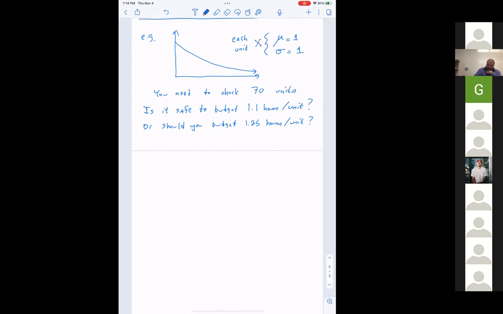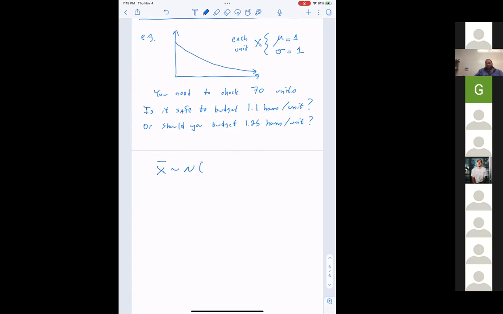Each unit, X, is exponential. There's 70 units, isn't there? Yeah, and therefore you have enough to have an X bar that's going to be normal? Fantastic. Even though each one individually is not normal, X bar, the average of them, is normal, or at least approximately normal. 70 is enough that we can use normal CDF and get a result that's in the ballpark.